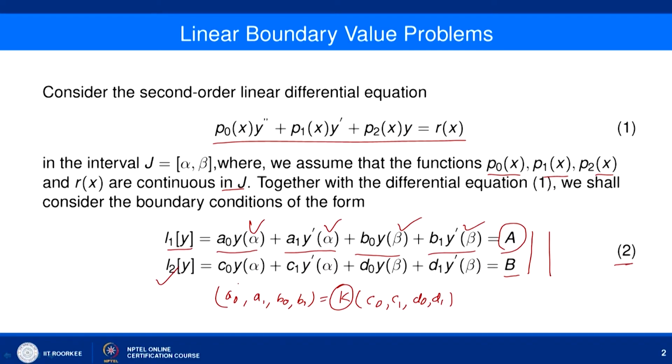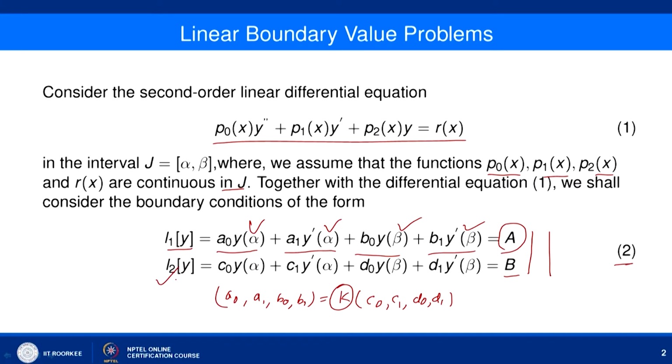So, we say that L1y and L2y are boundary conditions rather than initial conditions, because they are defined at two different points, in fact at the endpoints of this interval. So, we call them boundary conditions or 2-point boundary conditions. It may happen that we have more points on which we define conditions, but right now it is a 2-point boundary value problem.